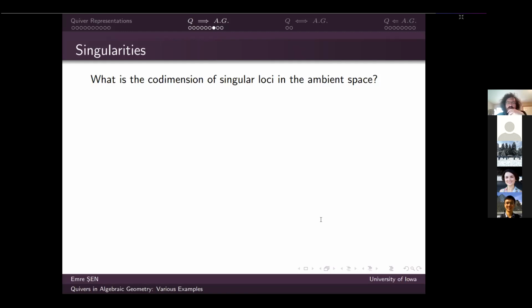the methods of Weyman, Kraskiewicz and Weyman. So one can talk about the codimension of singular loci of these varieties, right? We have the ambient space. Most of the time, this dual variety is a hypersurface. It is codimension 1. And then that guy has a singular locus.